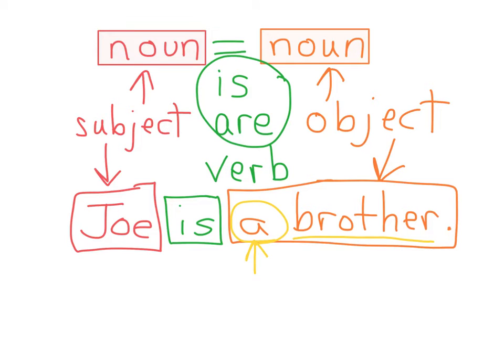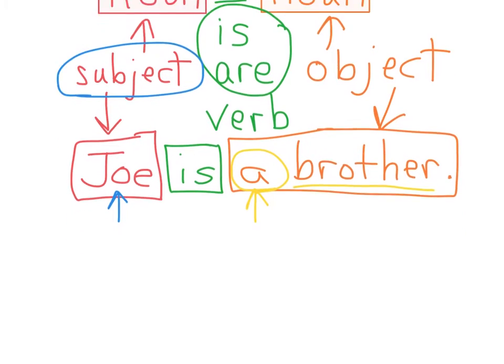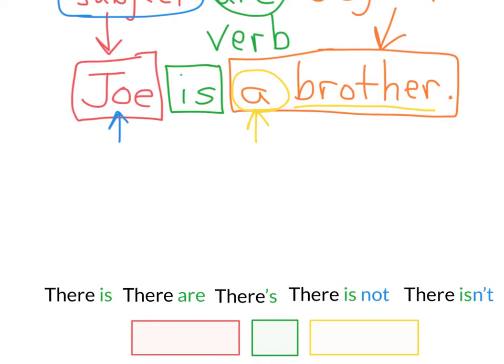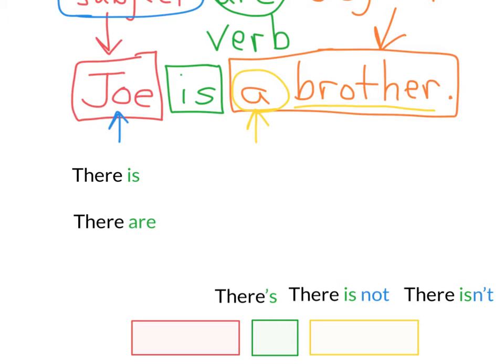Yesterday I said that if the noun comes before the verb, it is the subject. Today I am going to show you how we can write that sentence where the subject is going to come after the verb. We are going to use there is and there are.